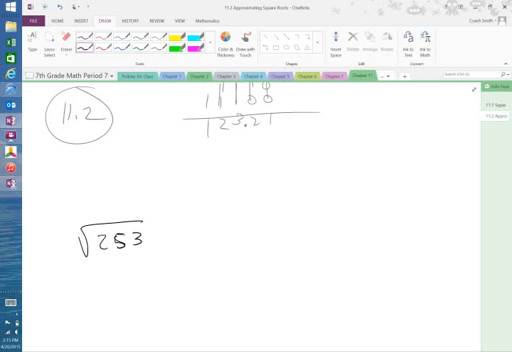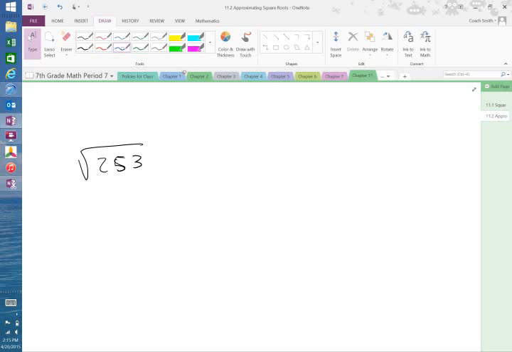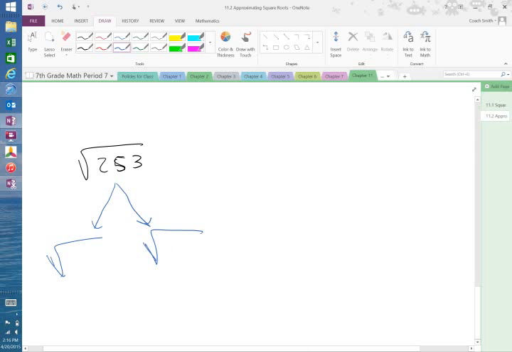All right, so square root of 253. Okay, first of all, we have to figure out which two perfect squares the square root of 253 falls between. Which two perfect squares does 253 fall between? 225 and 256.